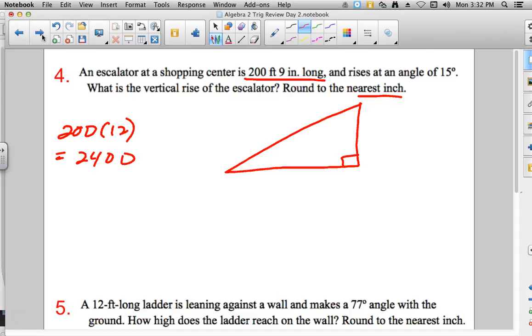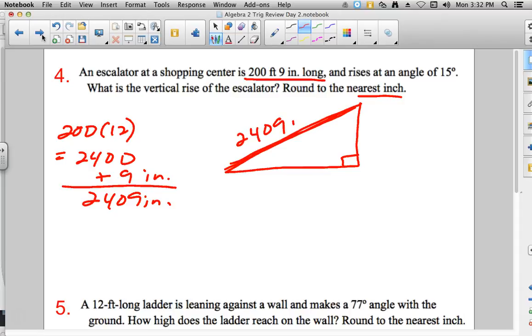So we would get 2,400 inches, and then we'd have to add the 9 inches that we already have. Now that's the length of the escalator. So from here to here is 2,409 inches.